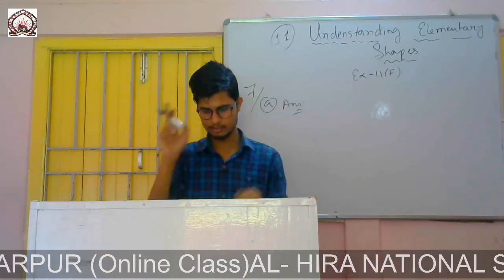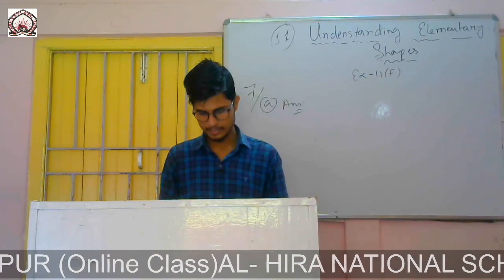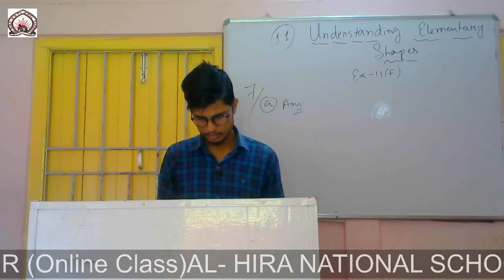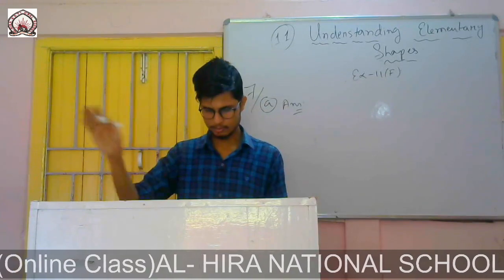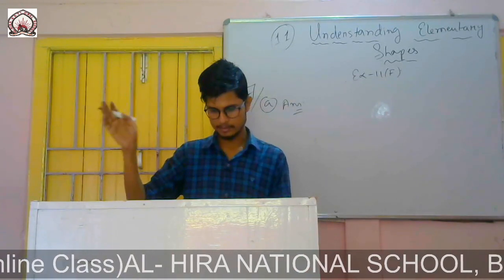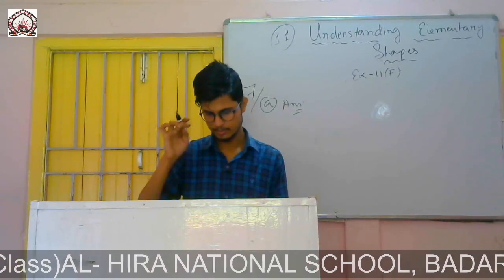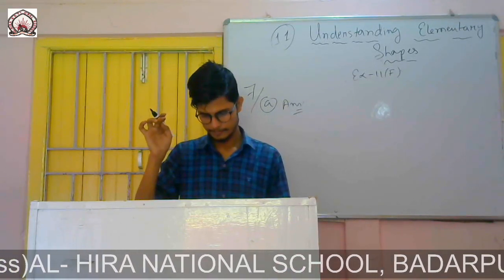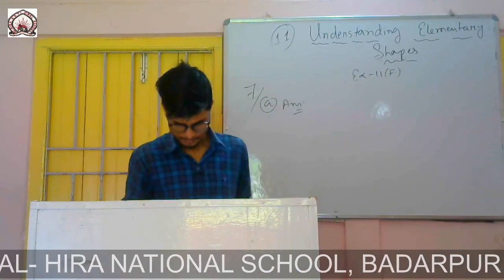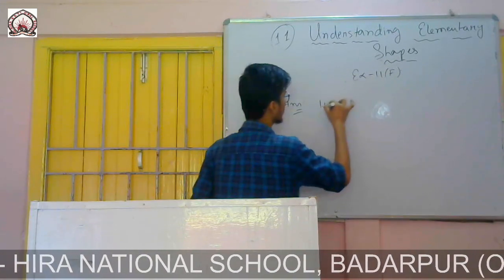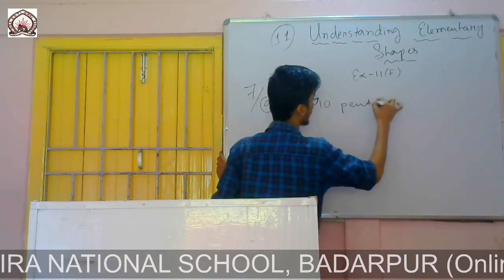So if you count 1, 2, then in the middle again one is there, that side also 1, 2, 3. Then in the next line one is there, 4, 5, 6, 7, 8, 9 and 10. So the answer will be 10 pentagons.